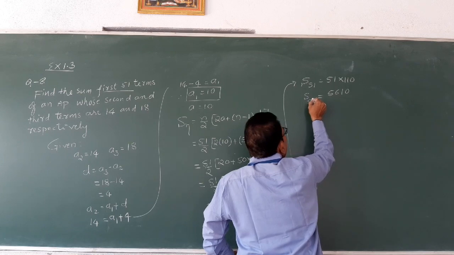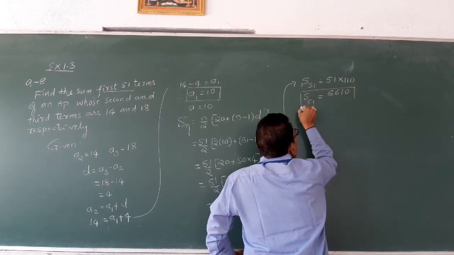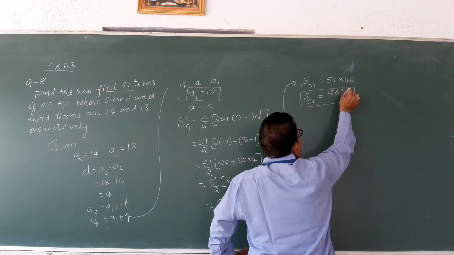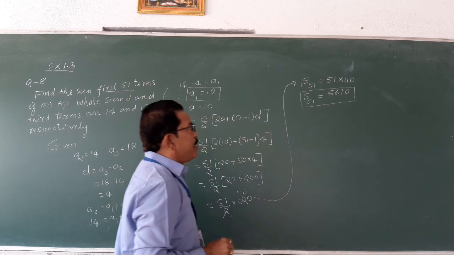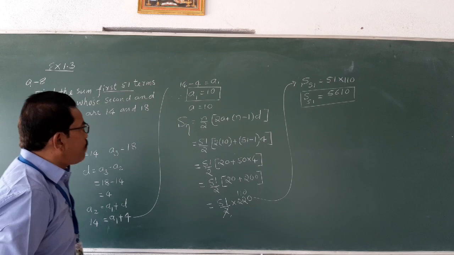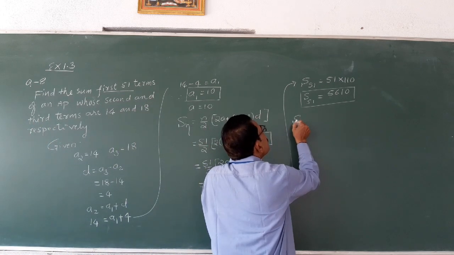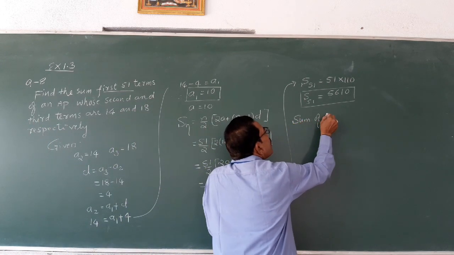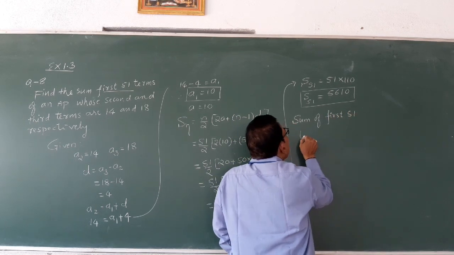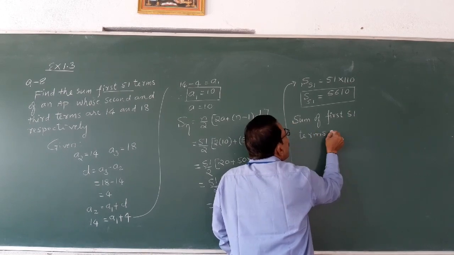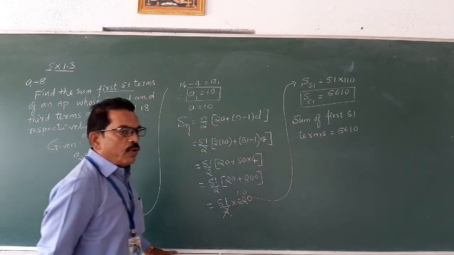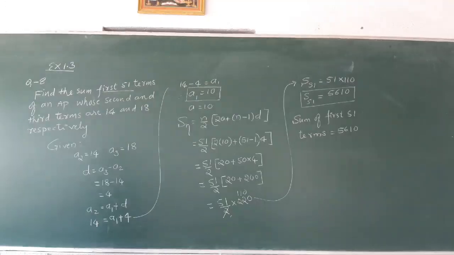So S51 equals 5610. Sum of first 51 terms is 5610.